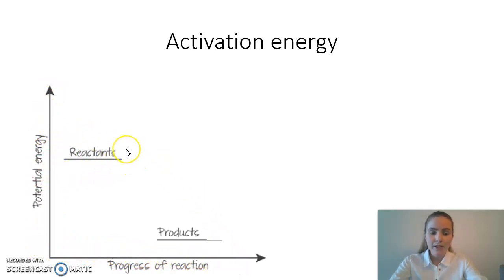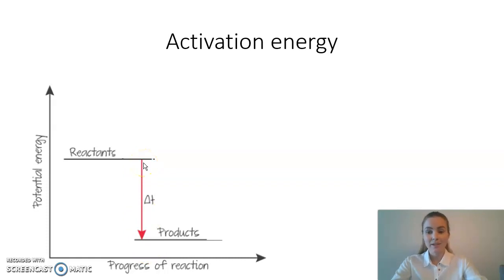So if we have the reactants at a higher potential energy level and the products at a lower potential energy level, we know that the reaction releases energy. This is supposed to be an H, so delta H, the enthalpy. So if we have a reaction where we release energy, it's an exothermic reaction.